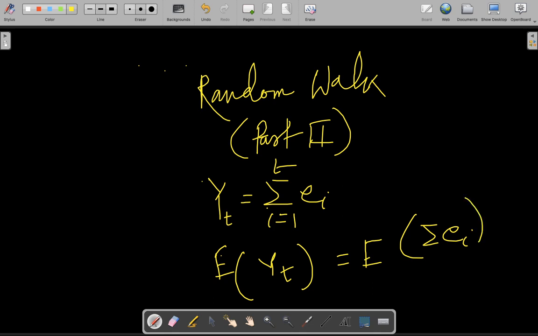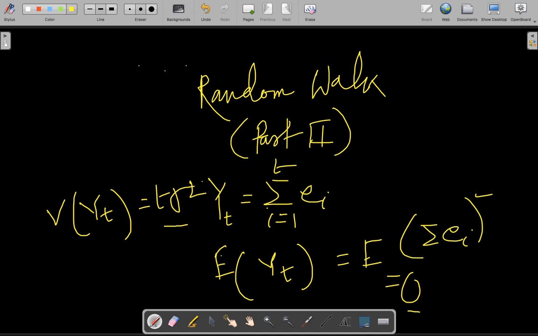We also got the variance of yt equal to t sigma square, where t is the number of time periods that we are considering. So this is the basic random walk model without drift, with a mean value 0 and a variance t sigma square.